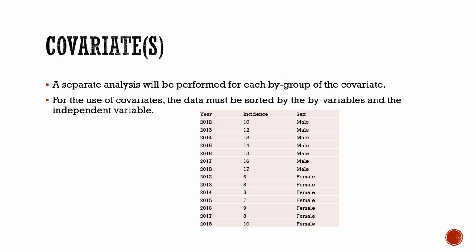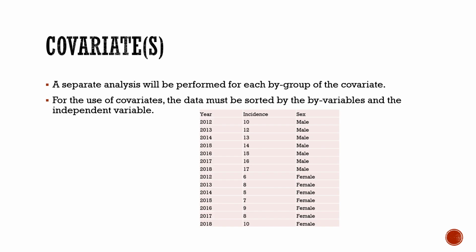The Jointpoint trend analysis software will perform a separate analysis for each subgroup of the covariate. For the use of covariates, the data must be sorted by the covariates and the independent variable.